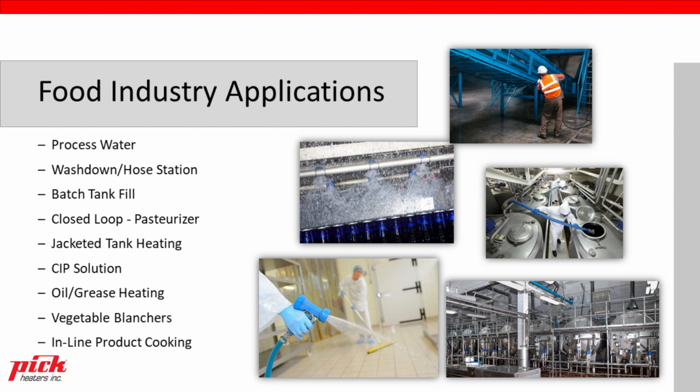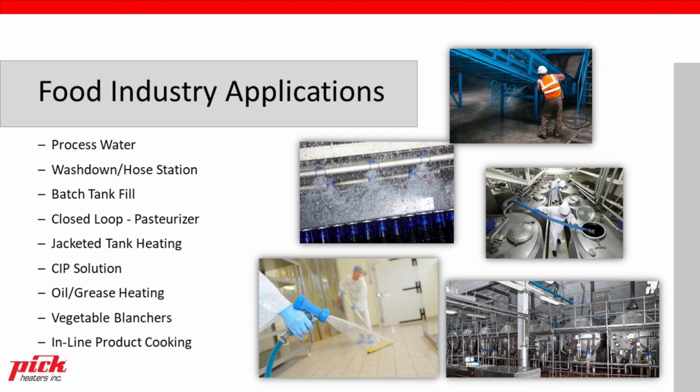Then you can get into your closed loop applications, for instance, for a pasteurizer. So if someone wants to pasteurize ice cream, for instance, obviously you can't mix the steam or the condensed water into the ice cream, so you put the ice cream on one side of a plate heat exchanger and circulate hot water through the other side and pasteurize the ice cream prior to packaging.